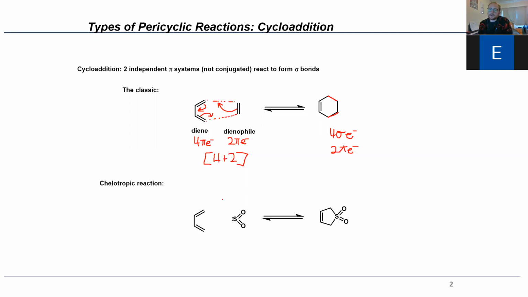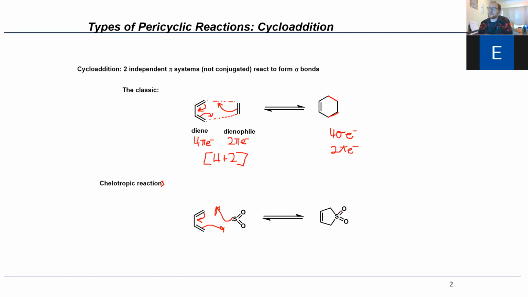A subsection of the cycloaddition reaction is the chelotropic reaction. Chelotropic reactions, there's multiple. And this is just any cycloaddition reaction where one of the partners is just a single atom. So here's a classic example where a diene can be reacted with sulfur dioxide, and the electron pushing looks as follows, to generate this 5-membered ring adduct.